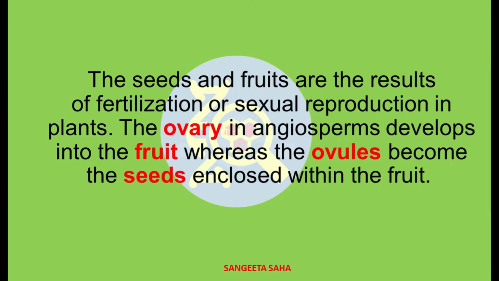Now, as you've learned in my previous videos, the diploid zygote undergoes a regular sequence of divisions to form an embryo. This embryo has radicle at one end and plumule with one or two cotyledons at the other end.